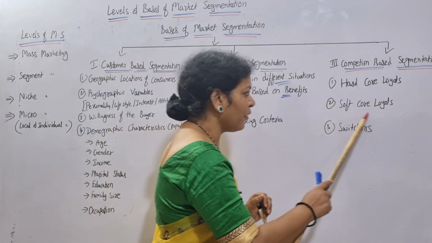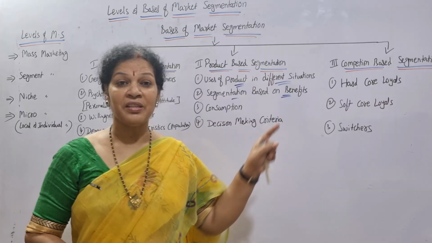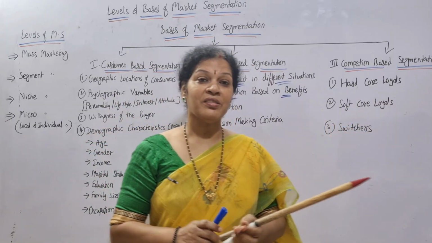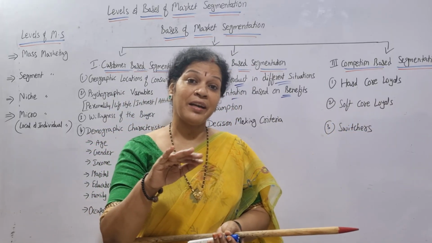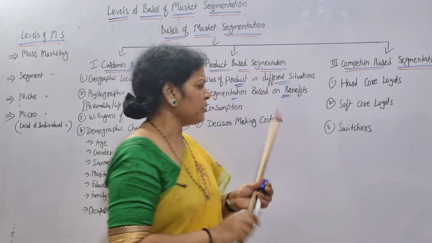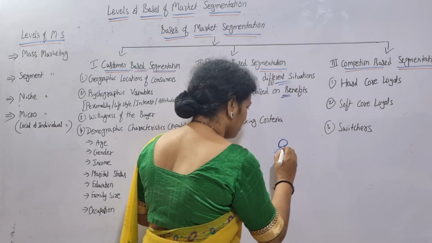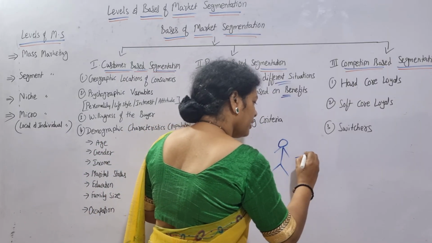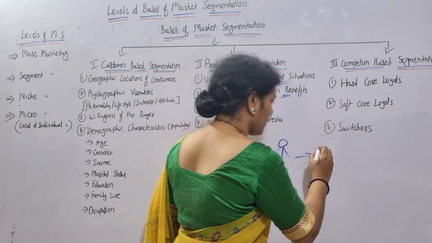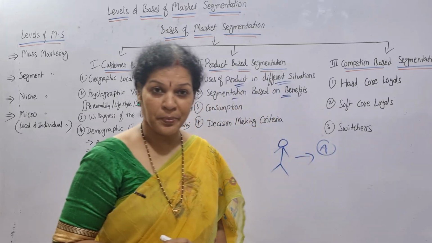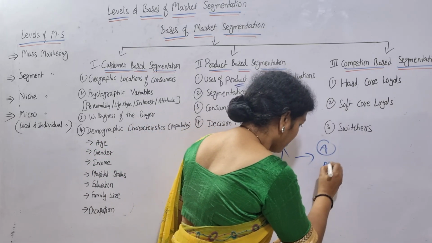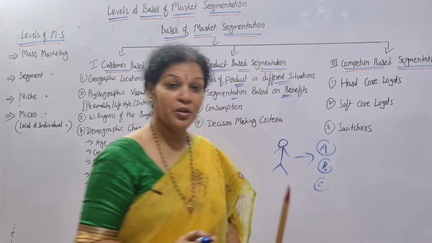And the second one is the soft core loyals. Soft core loyals means these people focus on our products and also 2 to 3 other products. Suppose one consumer is buying our product, product A. Along with our product, he is buying product B and product C also. He is using 2 more products.